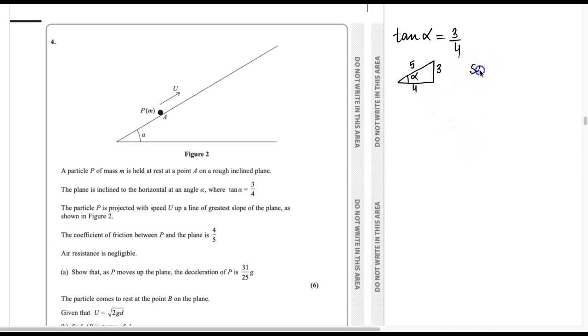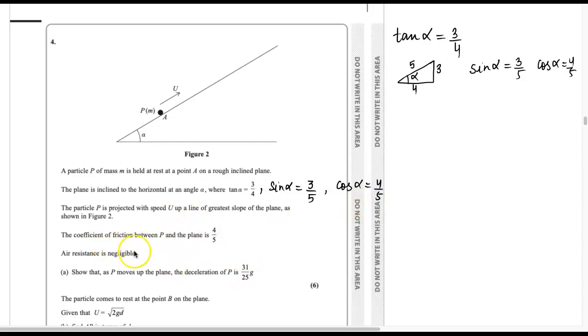So can we find out sine alpha from here? That means 3/5, and cos alpha is going to be 4/5. So let's write sine alpha, that's 3/5, and cos alpha is going to be 4/5.